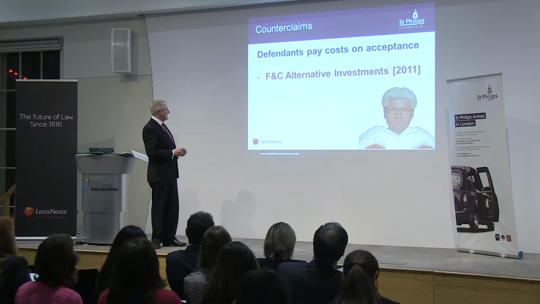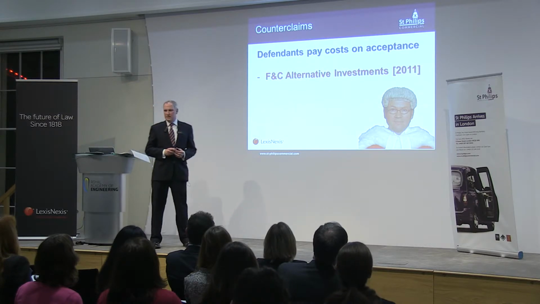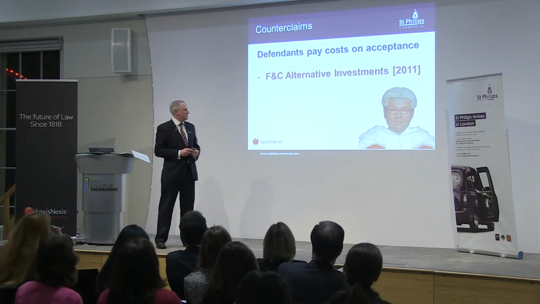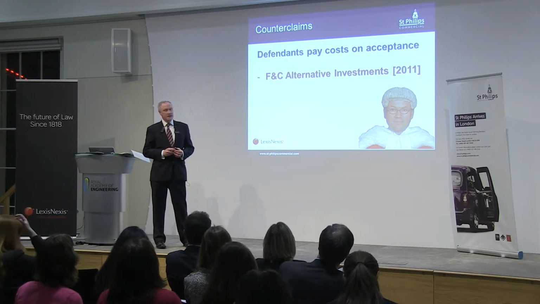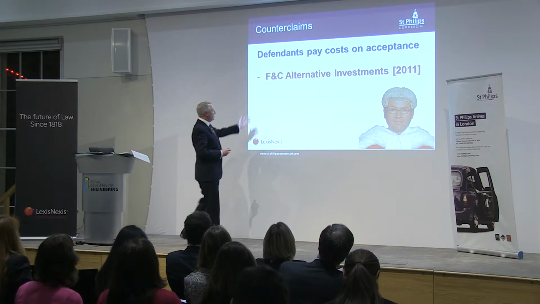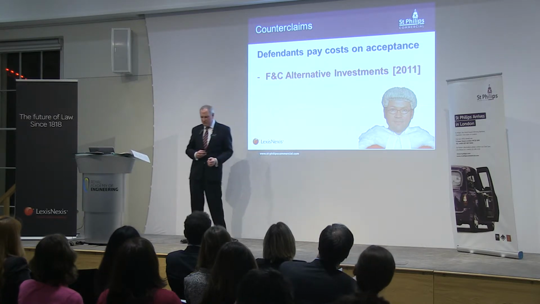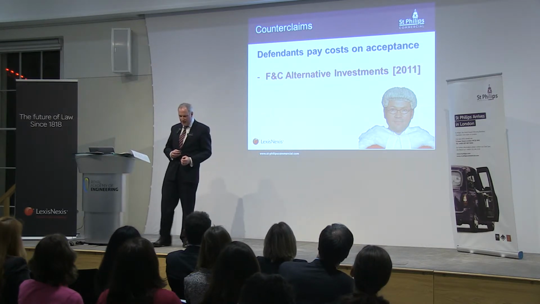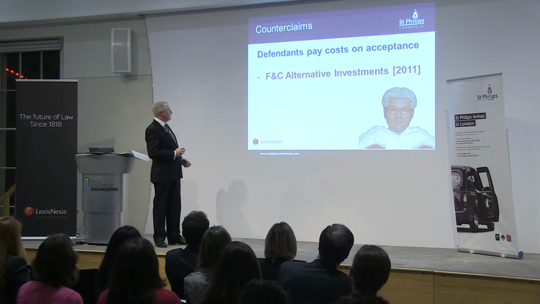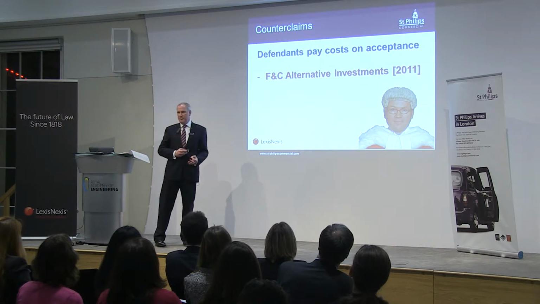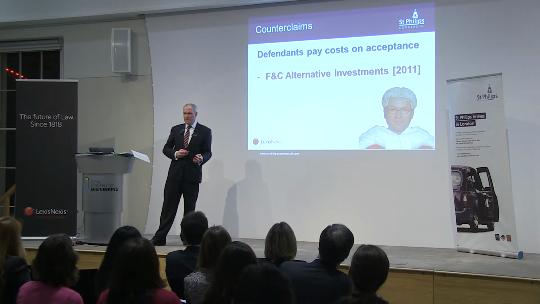And they believed that they were going to be the ultimate winners of this litigation, and they wanted to make an offer as to how much they would accept on their counterclaim. But they reasoned that if you look at Part 36, defendants have to pay the costs of the claimant when they accept a Part 36, when their offer is accepted by the claimant. And therefore, they reasoned that there's a glitch in Part 36, it doesn't work.